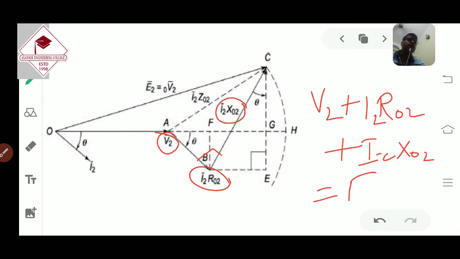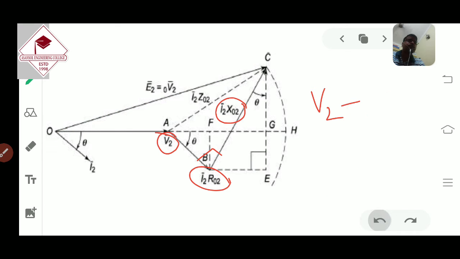It is coming from the phasor diagram itself, where this I2 was shown. This diagram was for inductive load.